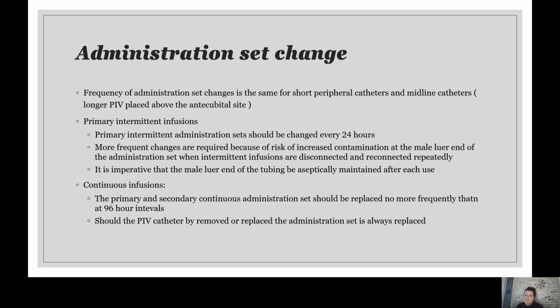So primary intermittent administration sets should be changed every 24 hours if it is not running continuously. The reason for that is a lot of times it's hanging on the floor, or people don't put caps on them, all that stuff.